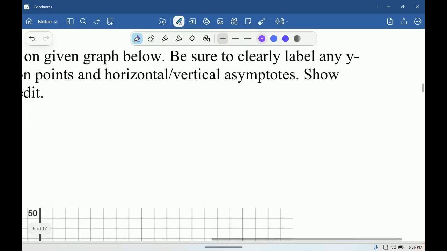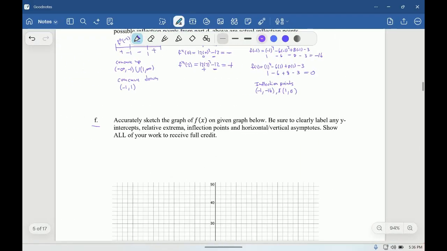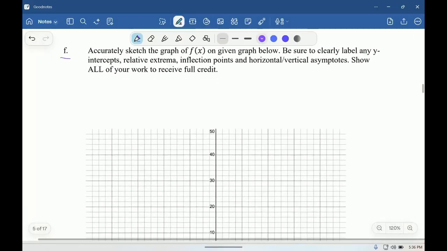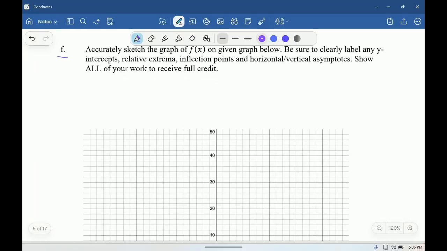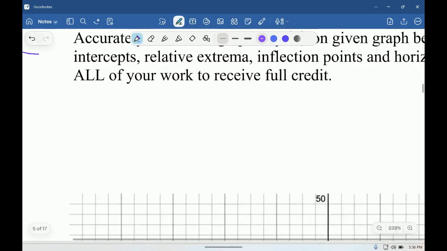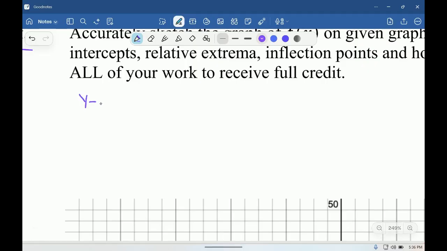Now to move on to our next question. We are asked to sketch a graph of f(x) given everything we've done so far, plus we have to find the y-intercept and the x-intercepts first. To find our y-intercept, we're going to use our original equation, replacing x with 0.